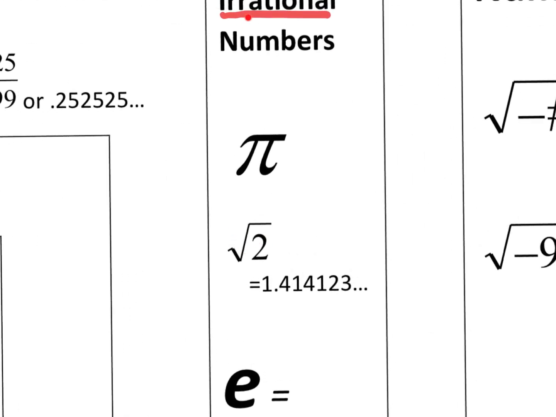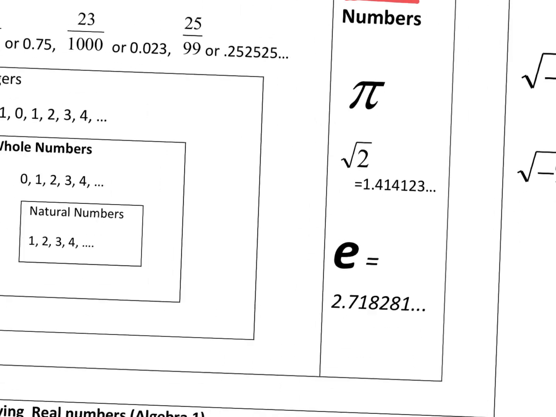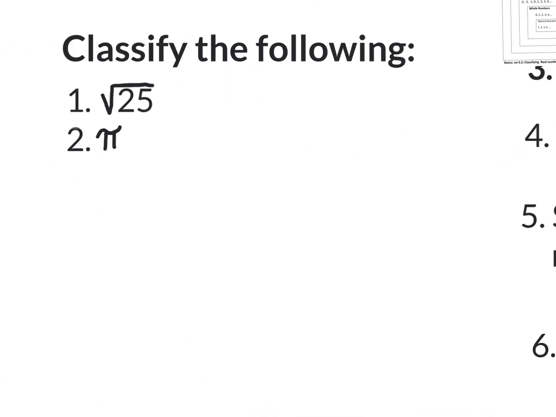A square root is irrational. False. You need to be able to identify that when you have the square root of a perfect square number, this is a perfect square number, the answer is perfect. It's 5. So what I'm really asking you to classify in this case is the number 5, and we know that that is natural.